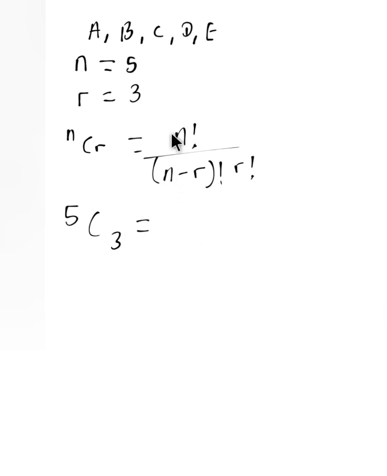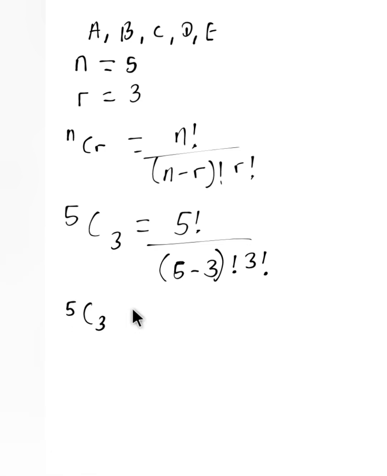It's equal to 5 factorial all over (5 minus 3) factorial, because it's n minus r factorial, then 3 factorial, which is this r factorial here. So we have that 5C3 is equal to 5 factorial all over 2 factorial, since 5 minus 3 is 2, then 3 factorial.